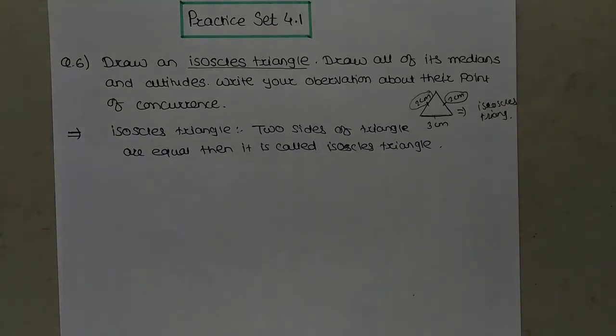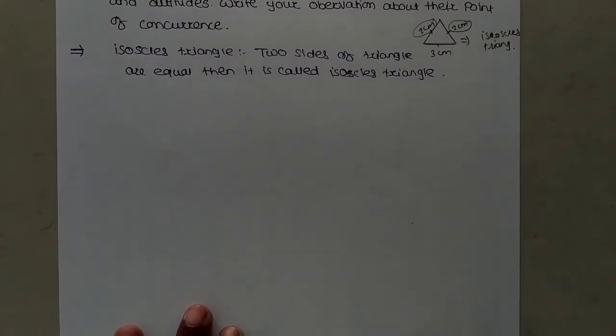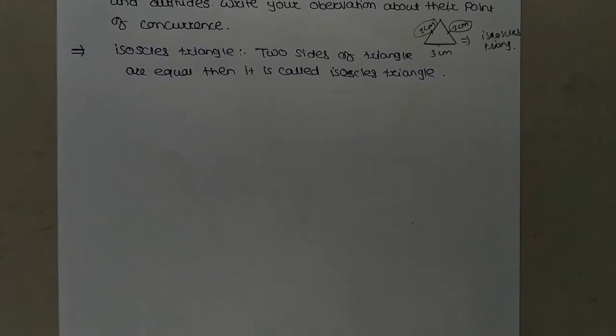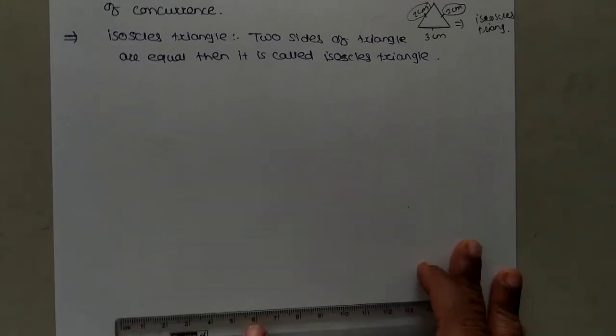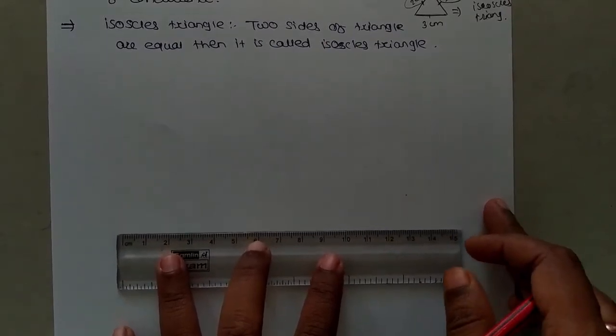Now next, first of all draw the isosceles triangle. So how to draw the isosceles triangle with two equal sides? Consider here, draw the first isosceles triangle.